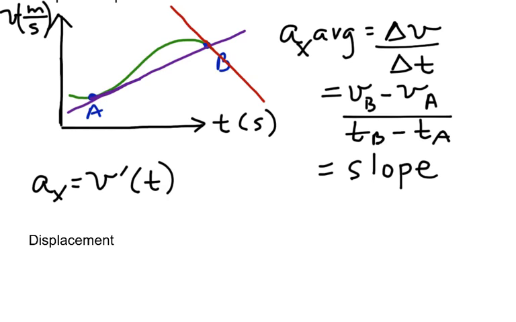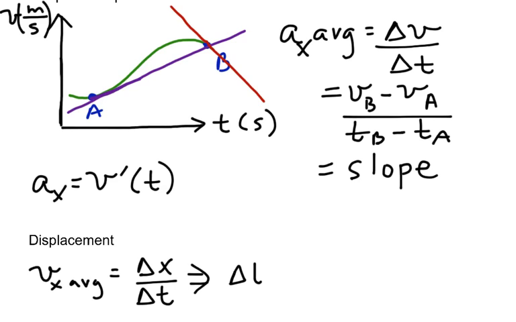As you recall, average velocity, v average x, is equal to your displacement over your change in time. If I could somehow multiply both sides of this equation by change in time, my change in time multiplied by my average velocity will give me my displacement.